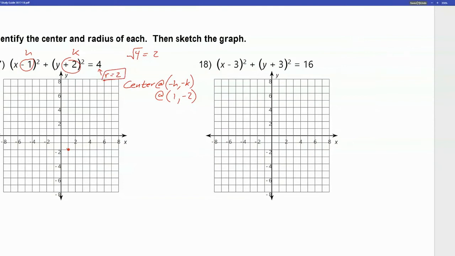So go 1, 2, 1, 2, 1, 2, 1, 2. And then that will help guide the outer edge of my circle. Drawing a circle on a touchscreen is pretty difficult, but that's how you would sketch that graph.